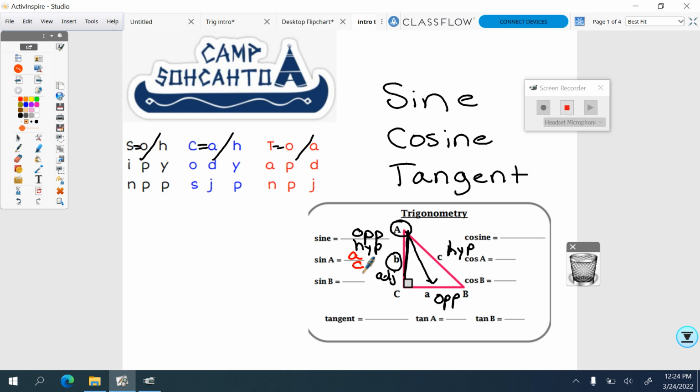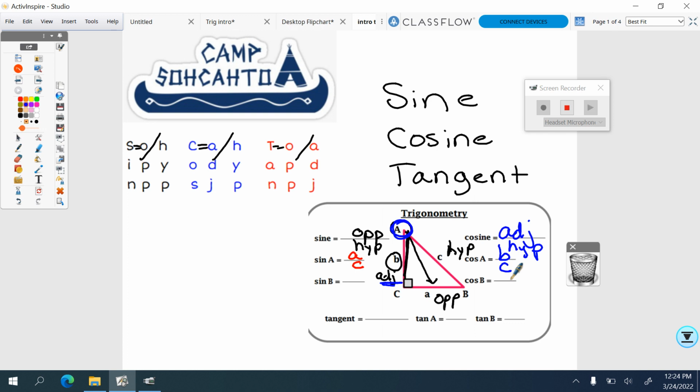So cosine is adjacent over hypotenuse. And so cosine A, again, I'm looking here, and I want the adjacent. Well, the adjacent side is B. So B over the hypotenuse, which is C.